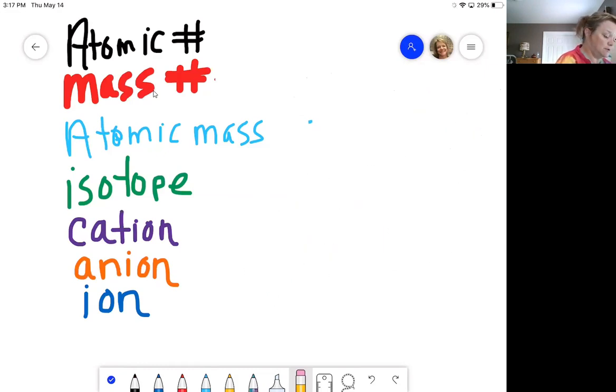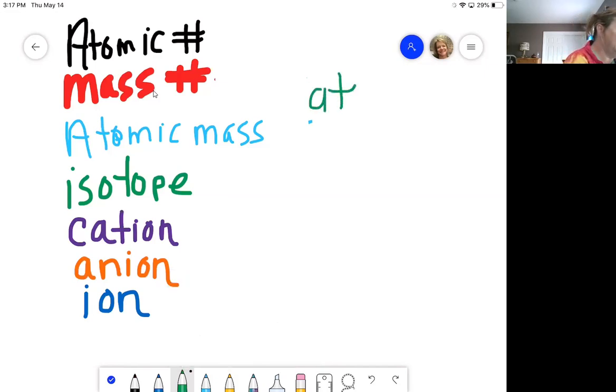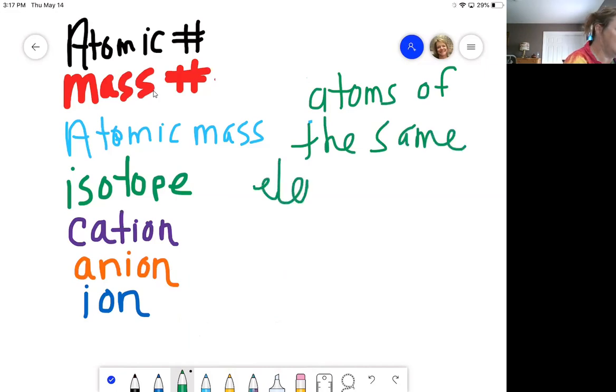Okay. Now, let's go to isotope. Sometimes I use the word isotope, sometimes I use the word atom. Isotopes are atoms of the same element. So that means they're going to have the same number of protons.